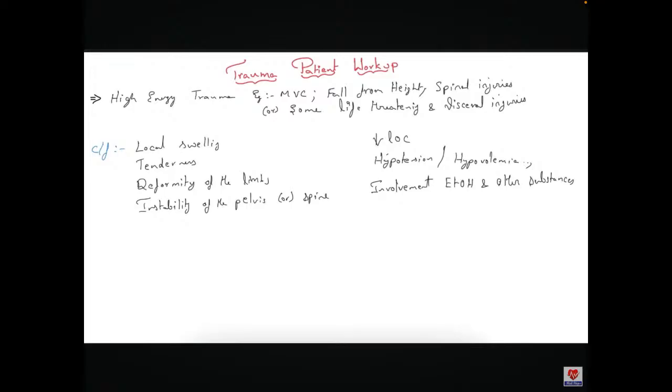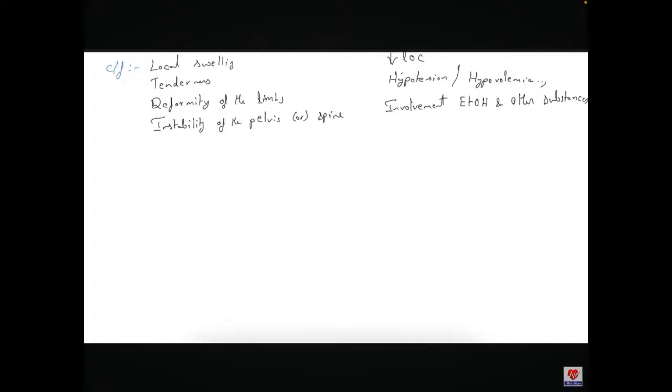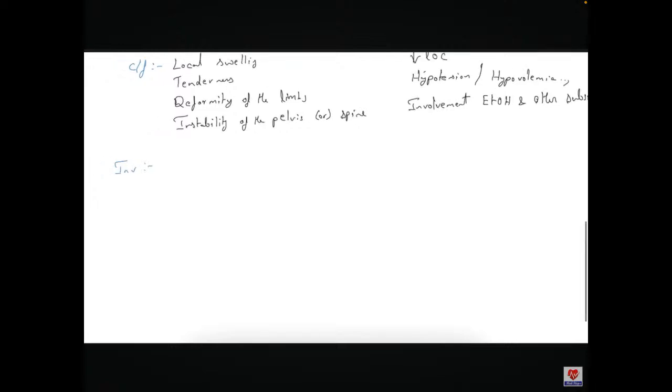Okay, so now we saw the clinical features. When a patient comes, what are the things we first have to do? We have to do investigation. In investigation, if the patient has any spinal-related problems or fracture, we directly have to jump to trauma survey.